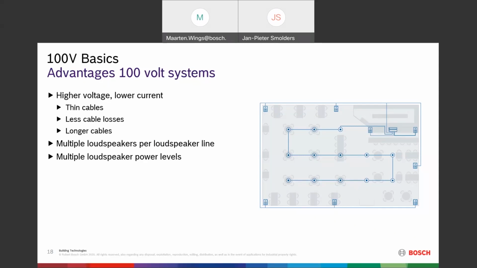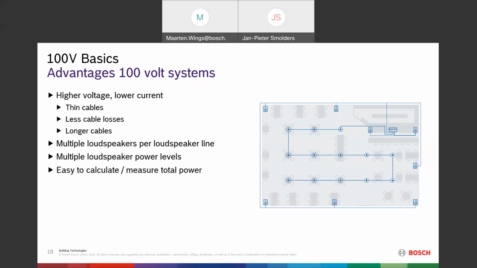You can also mix the power levels of these loudspeakers. If, let's say, you have 6-watt loudspeakers connected here and you want to add a loudspeaker later on, you can easily use a 10-watt or 15-watt loudspeaker. It doesn't matter. So it's easy to calculate.